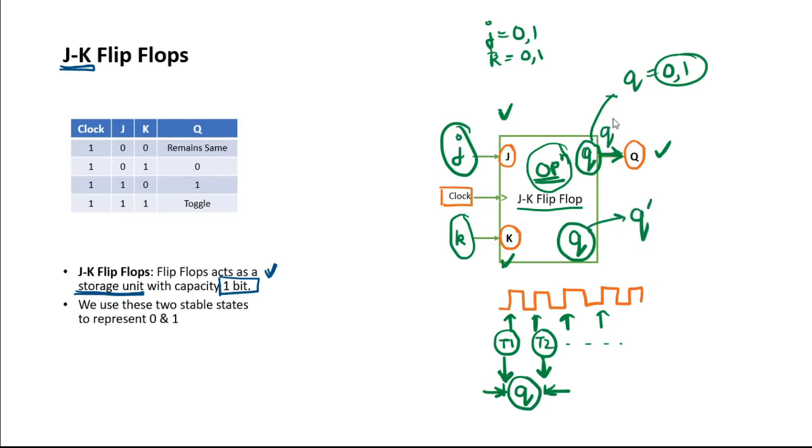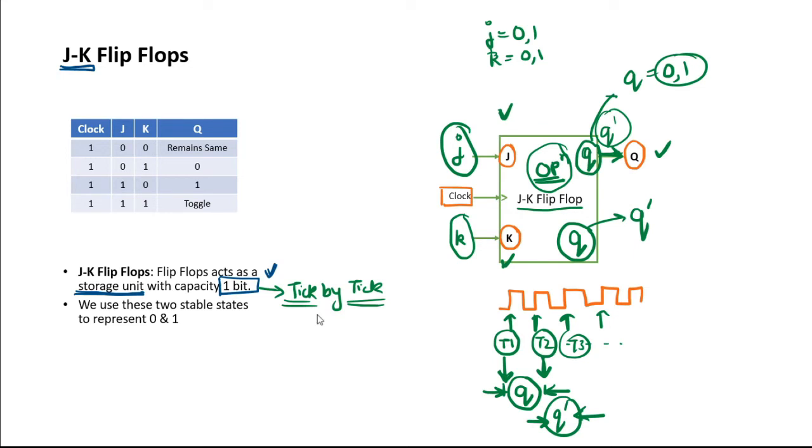It sends this q dash to the result line, that is big Q. And from tick t2 to tick t3, this new value q dash will be saved. So it stores one bit of information tick by tick.